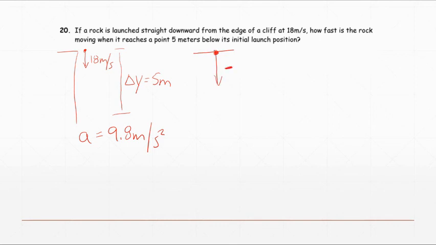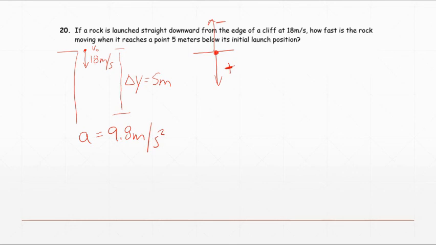So because everything is going down, I set my down as being positive and my up as being negative, because I have nothing going up. So now I have my V initial, I have my change in y, and I have 9.8 meters per second squared as my acceleration, in that positive direction, what I've set as my positive direction.